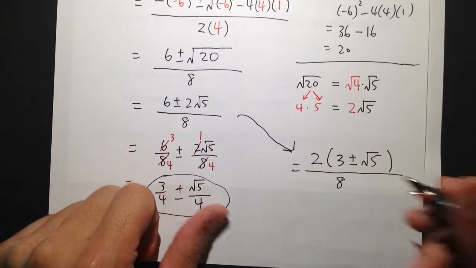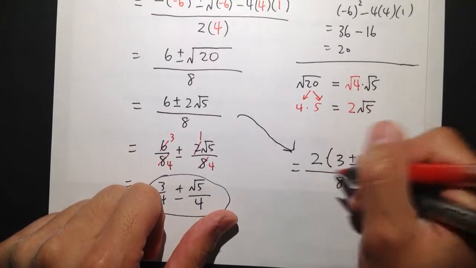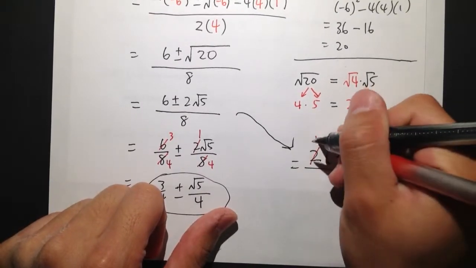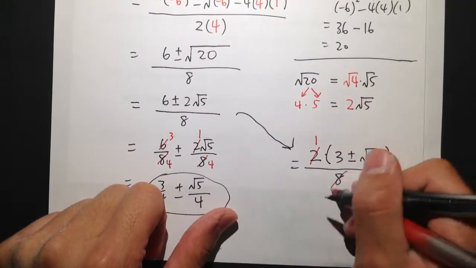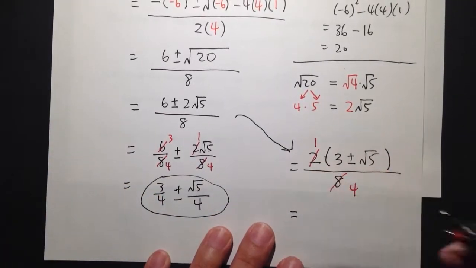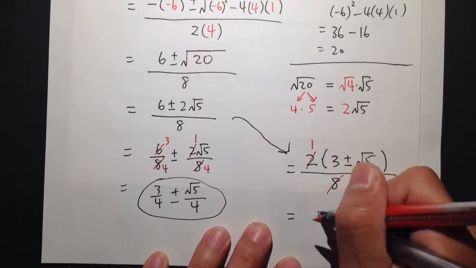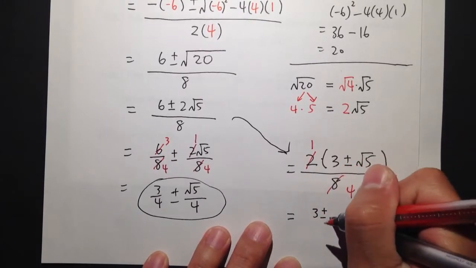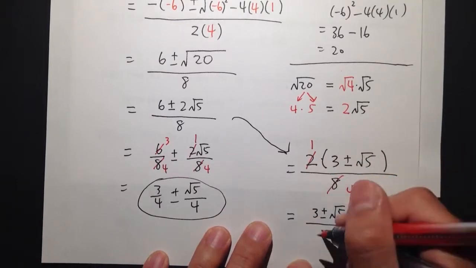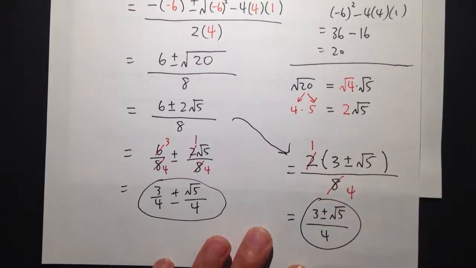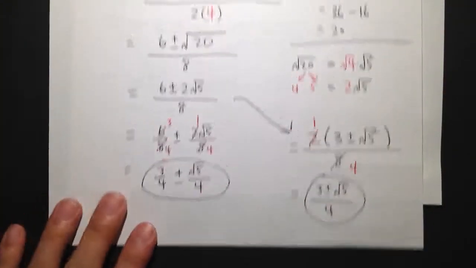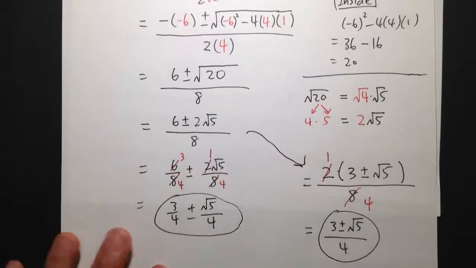Okay, so here we have 2 times a parentheses over 8. Then I can reduce the 2 right here. 2 goes into 2 once, and 2 goes into 8 4 times. Then I can say the top, I have 3 plus or minus square root of 5 over the denominator, which is just 4. And if you take a look at this and that, they are the same answer. Okay, they are the same answer. And both work.